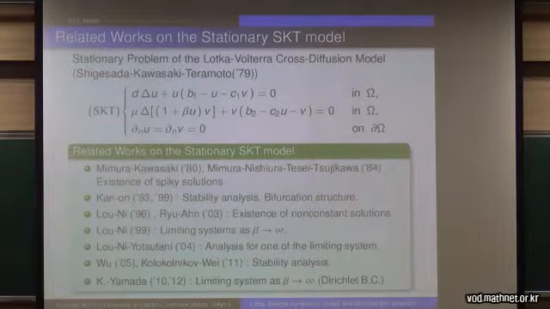The group of Professor Masayasu Mimura began to study a stationary problem, and they constructed spiky solutions, mainly by singular perturbation techniques. And Professor Kan-on gave a stability criterion on such spiky solutions and moreover bifurcation structures.